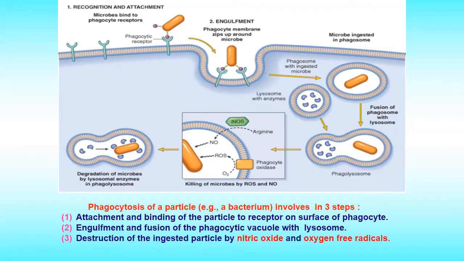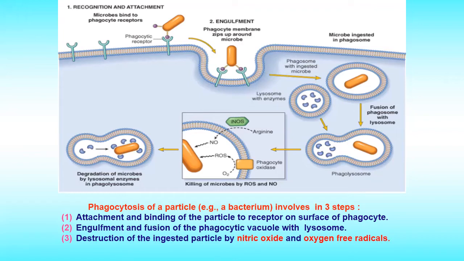Subsequent fusion of the phagosome with a lysosome forms the phagolysosome. Lysosome has lysosomal enzymes within granules enclosed by a membrane.